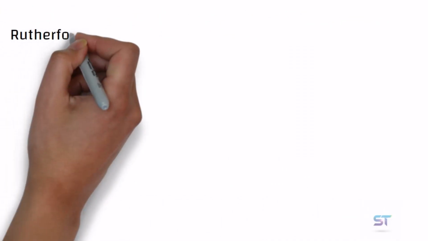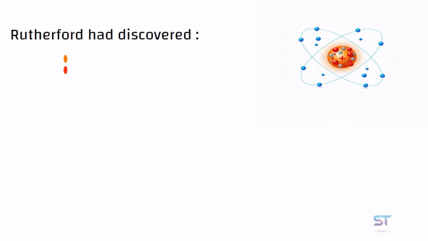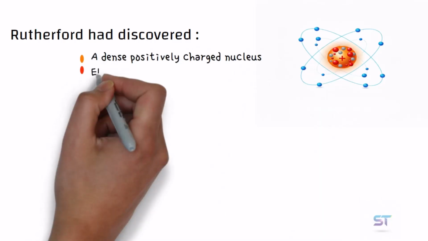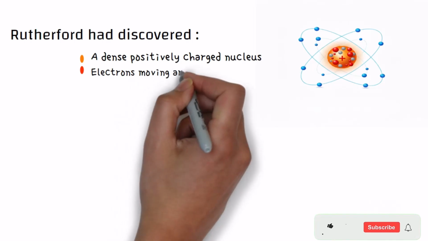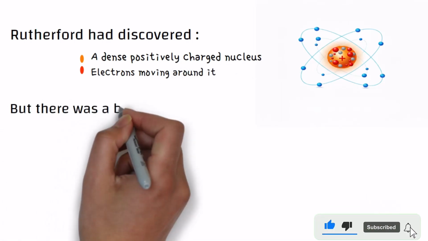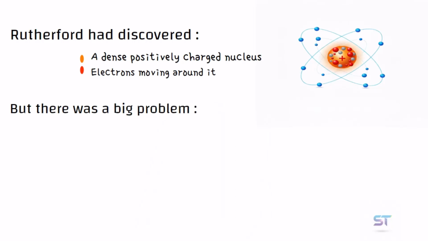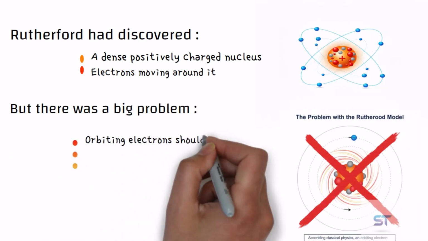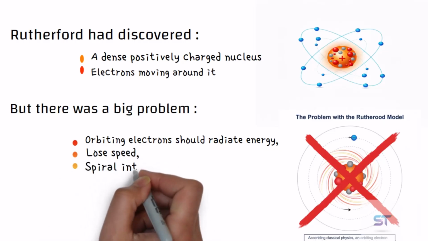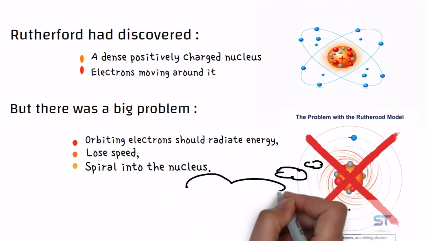Before Bohr, Rutherford had discovered that atoms have a dense, positively charged nucleus and electrons moving around it. But there was a big problem according to classical physics. This orbiting electron should radiate energy, lose speed, and spiral into the nucleus.